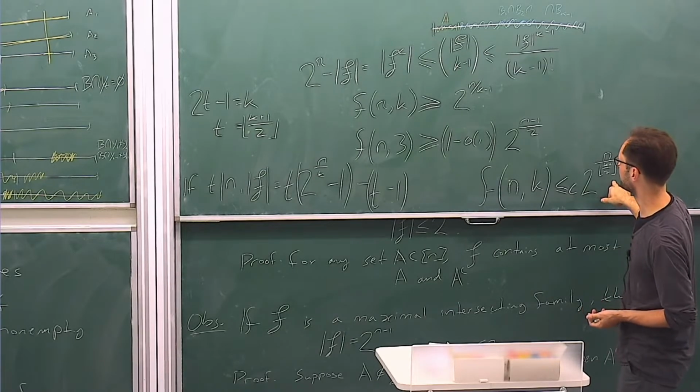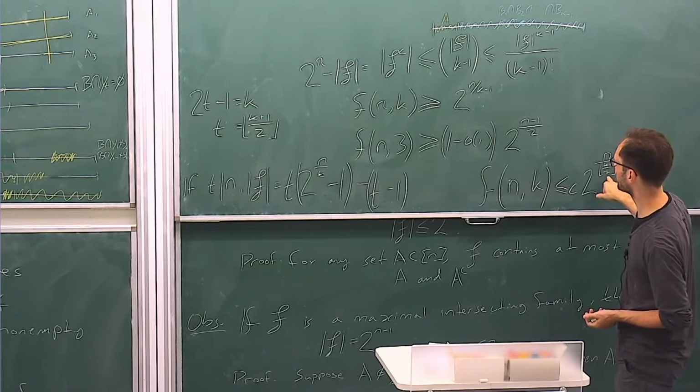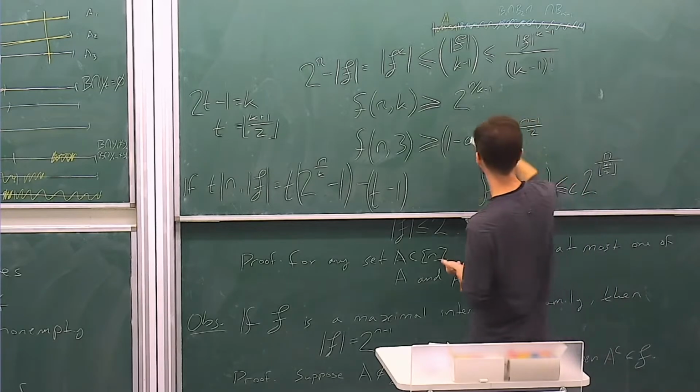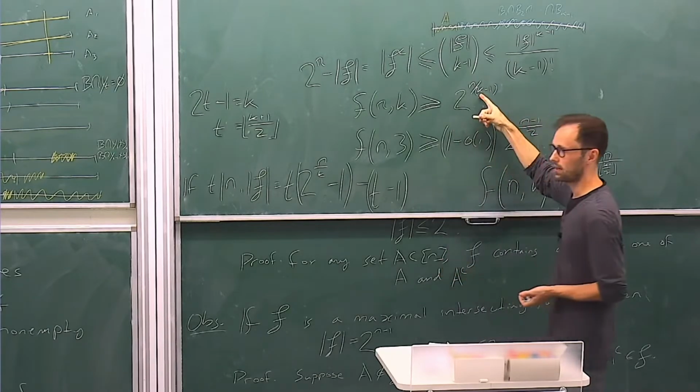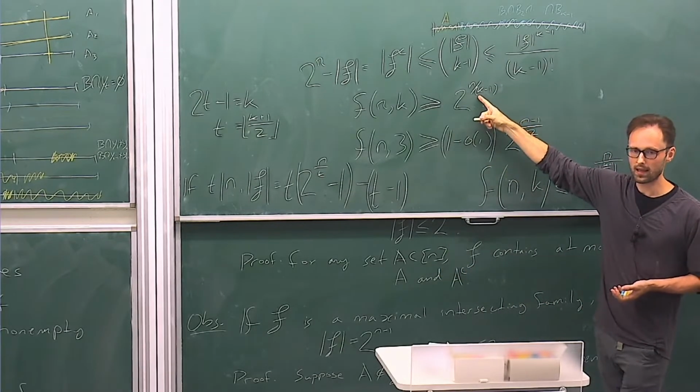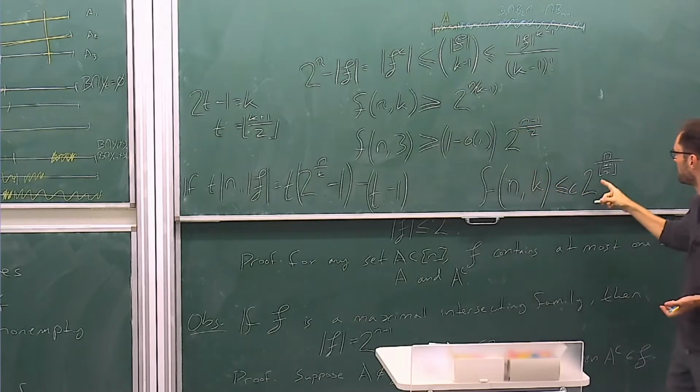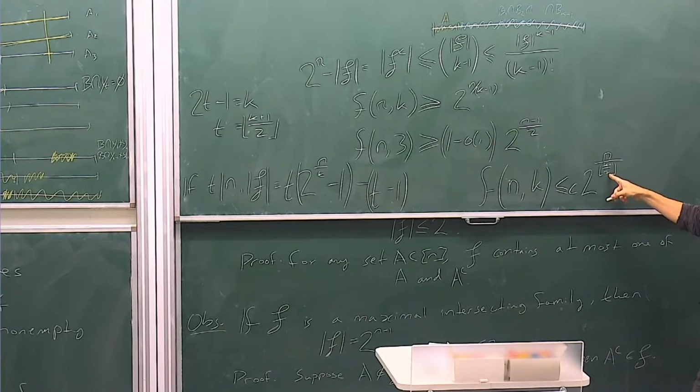And here, what is our lower bound? It's 2 to the n over k minus 1, and the upper bound is 2 to the n over k plus 1 over 2.